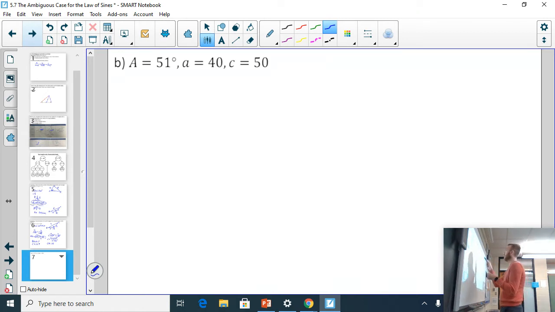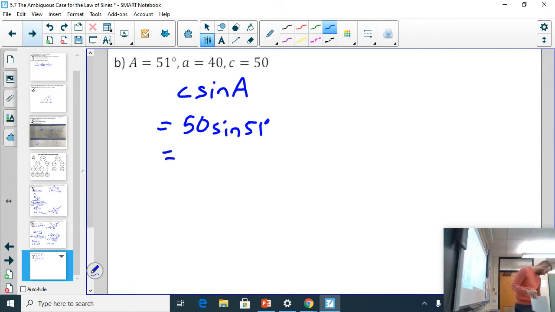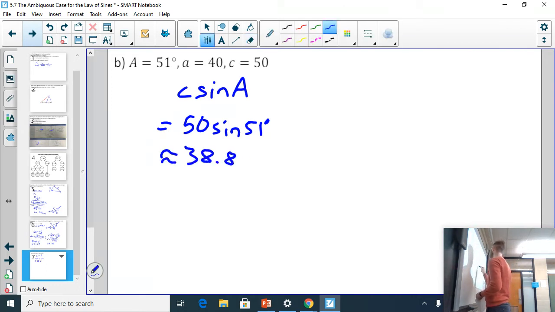So now we need to do, what is C sine of A, and that's going to be C is 50 times the sine of 51 degrees, which is about 38.86.